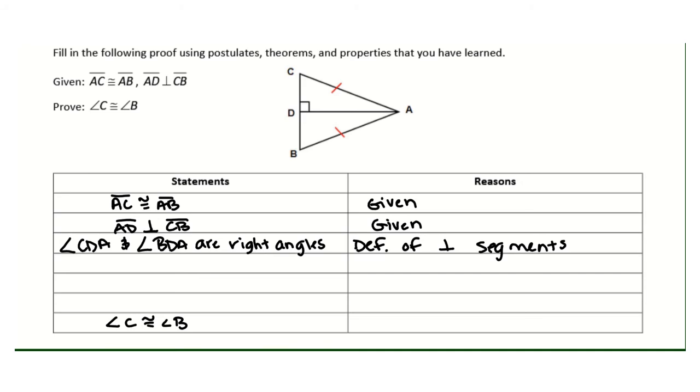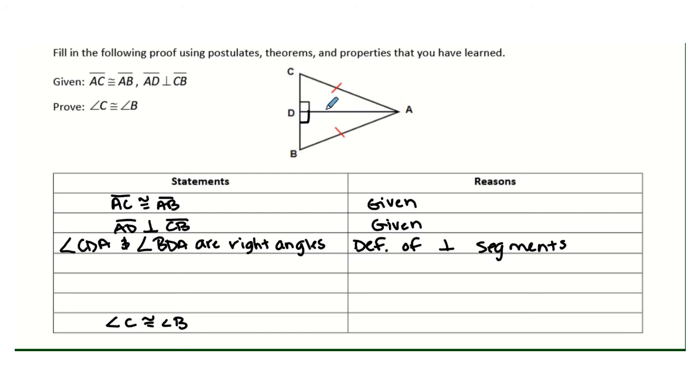All right, so what else can I say? So I have a side and an angle, and we also know that these angles here are right angles, so we could be looking at something with angles and sides, or we could be looking at something like hypotenuse leg. So let's see.